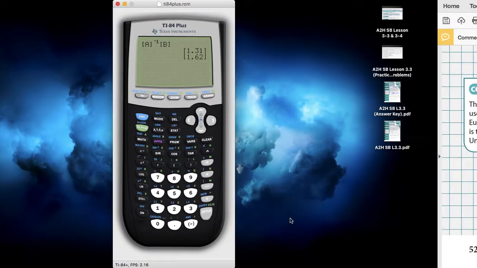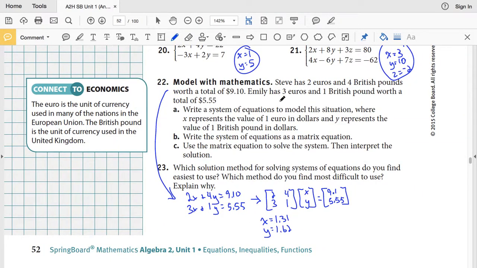As far as interpretation goes, let's write this down. So every euro, because we're trying to figure out what they're worth in dollars here. Interpret the solution. Yeah, so it looks like these are just going to be American dollars.